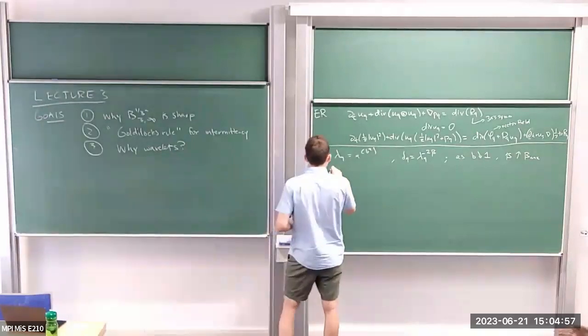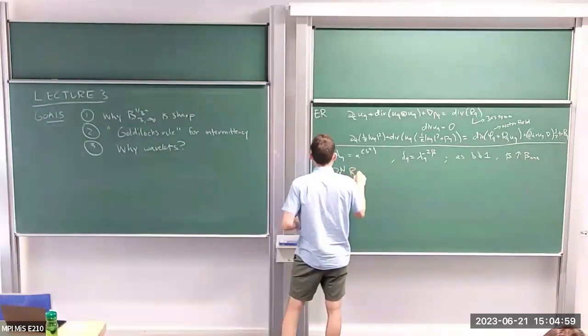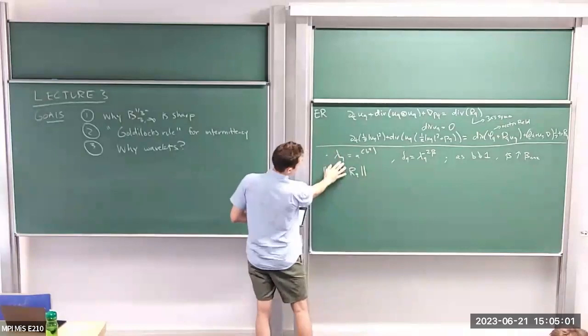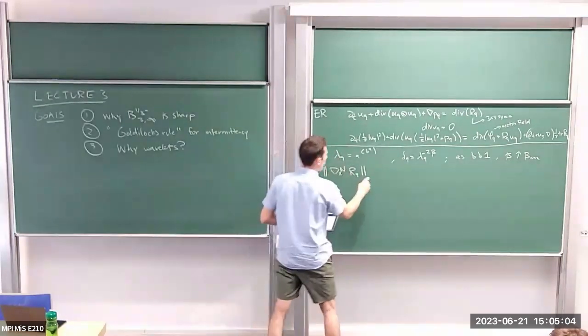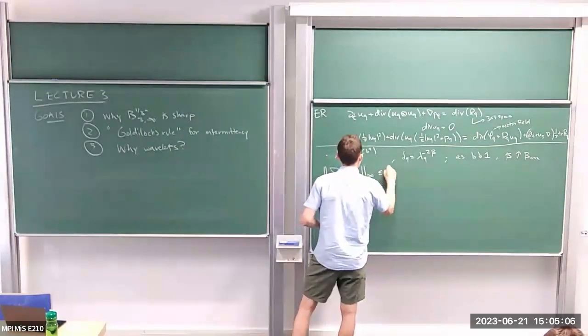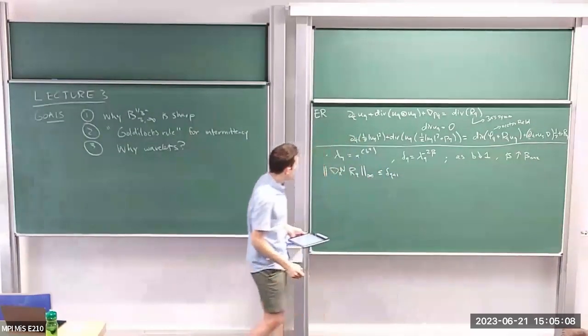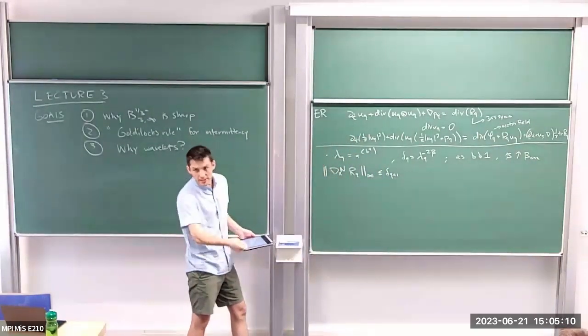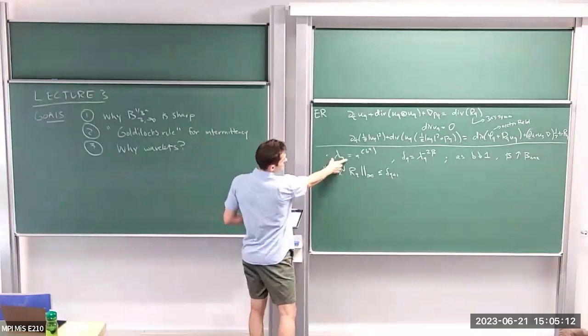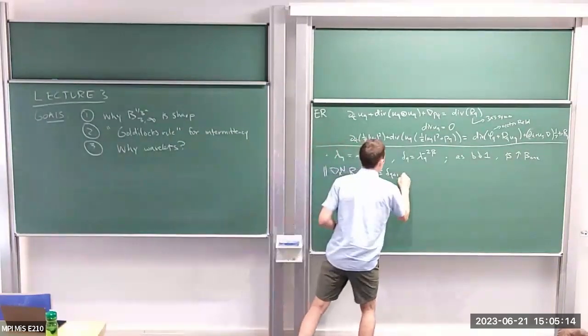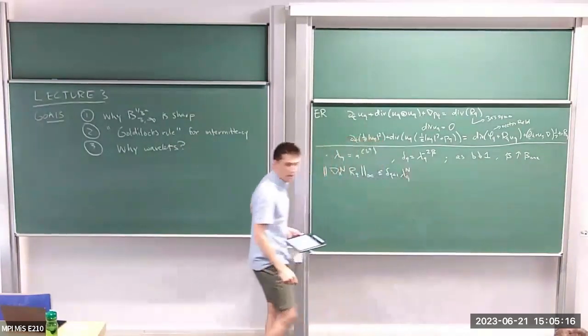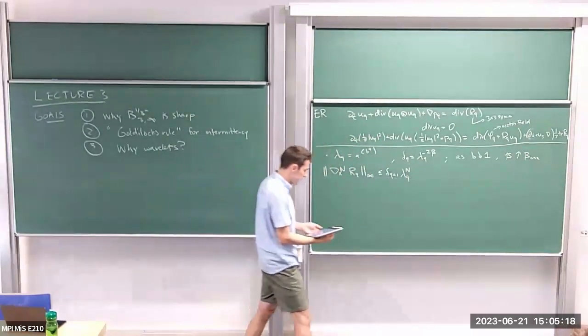So we said that if I just look at the size of RQ in L infinity, it should be delta q plus 1. And when I take space derivatives, this is the space frequency, and so every space derivative costs a factor of space frequency.